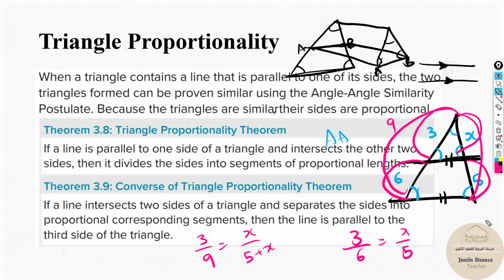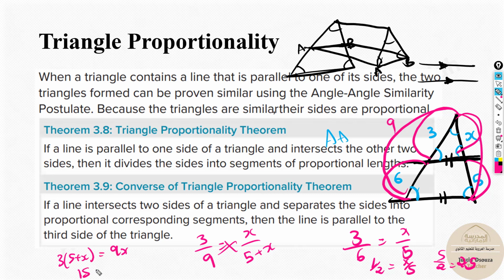Let's just quickly do it, because that must hold good. Otherwise, it is wrong. Here it is 1 by 2. It will be half equals x by 5. And this 5 goes to the other side, it will be 5 by 2, that is 2.5. Whereas over here, you can just cross multiply: 3 into 5 plus x equals 9x.